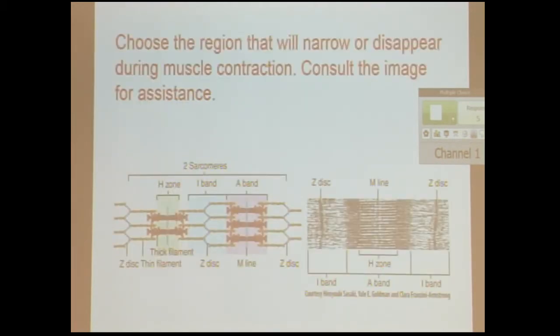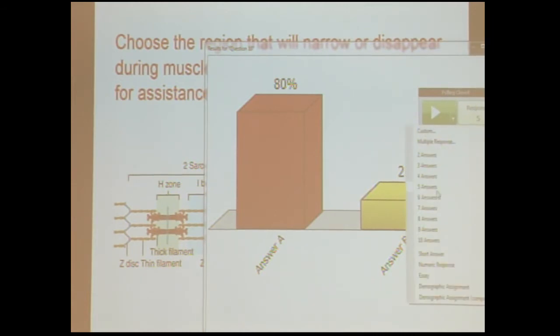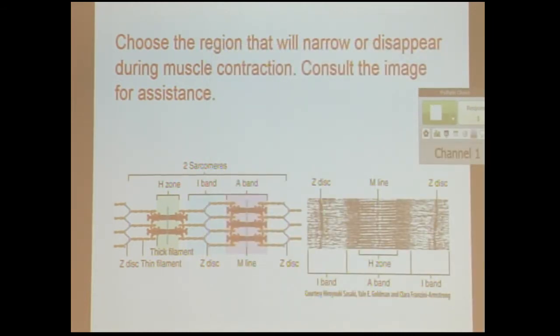Whoops. Sorry, I didn't put all the answer choices. Oh, I didn't realize it was 4. All right, 6 answers. Now you can choose what you want.